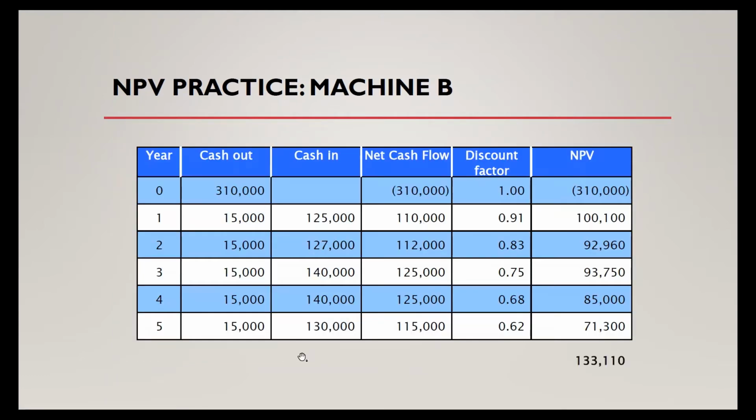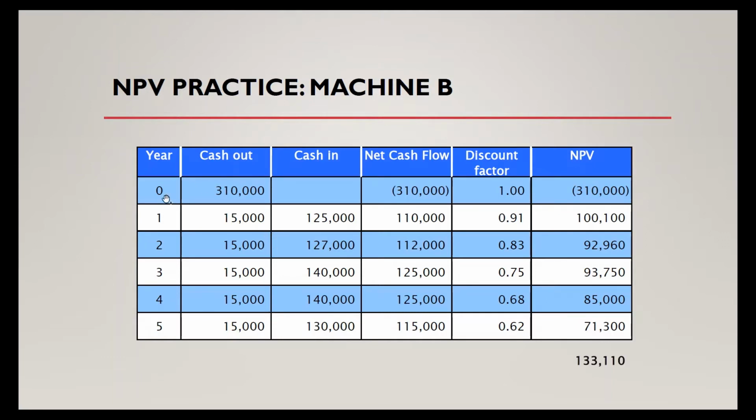In order to calculate the NPV, we will need to draw a bigger table. The first column to the left counts the number of years, and the second column counts the total amount of cash outflow.